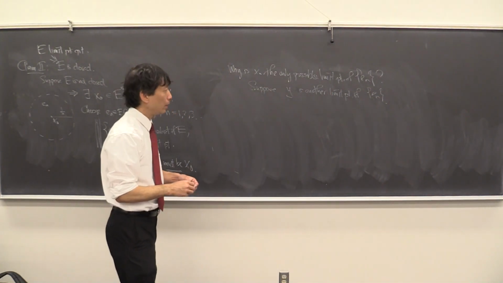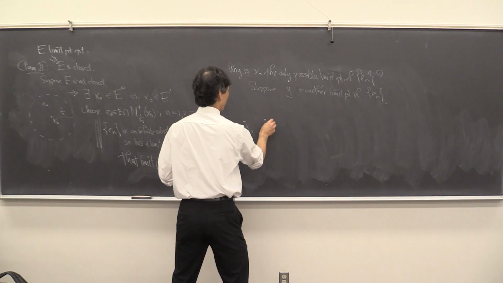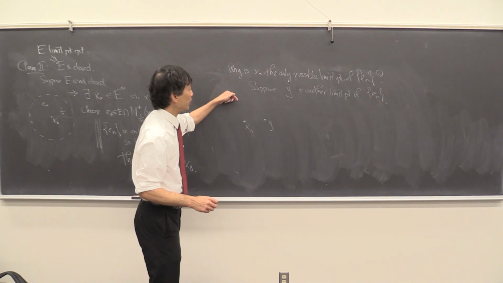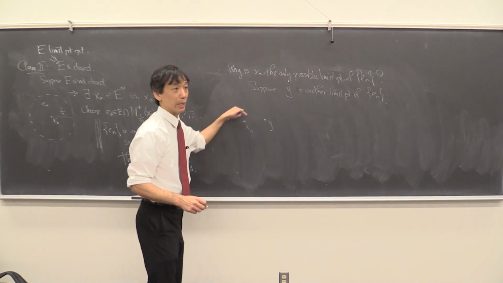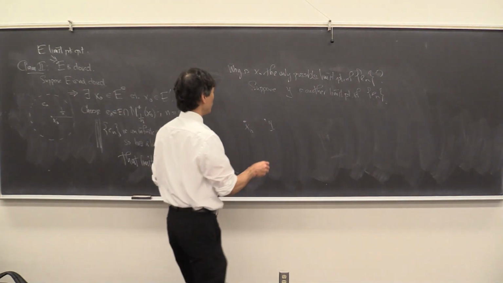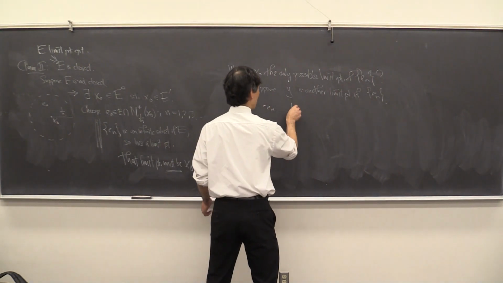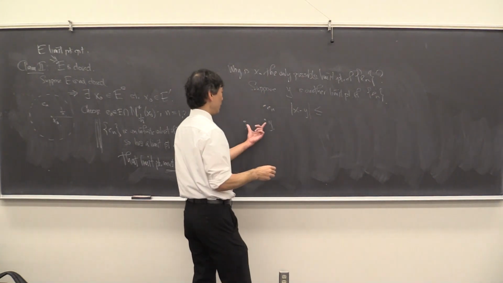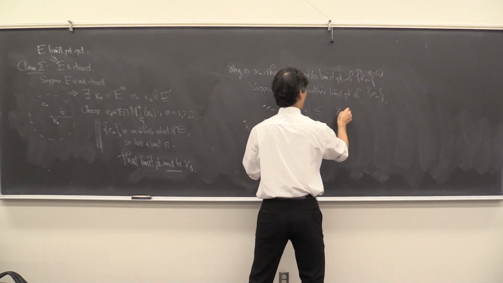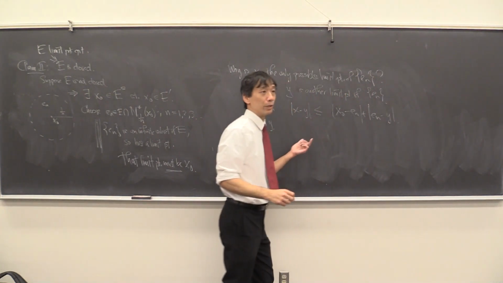So in that case, we'd have x naught, and we have y, and we have the E sub n's, but the E sub n's should be getting infinitely close to both of these guys, right? Now look, the distance between x naught and y is controlled by the distance between x naught and E sub n, and E sub n and y, by the triangle inequality.